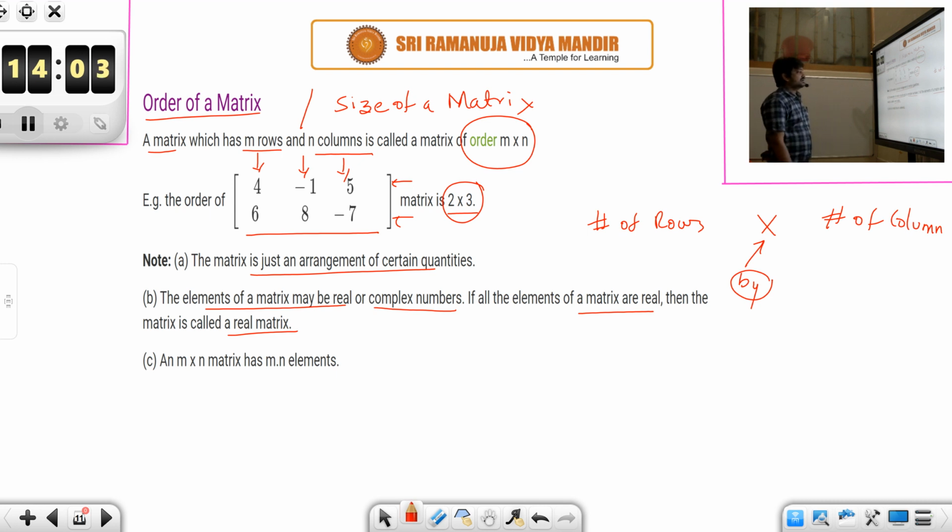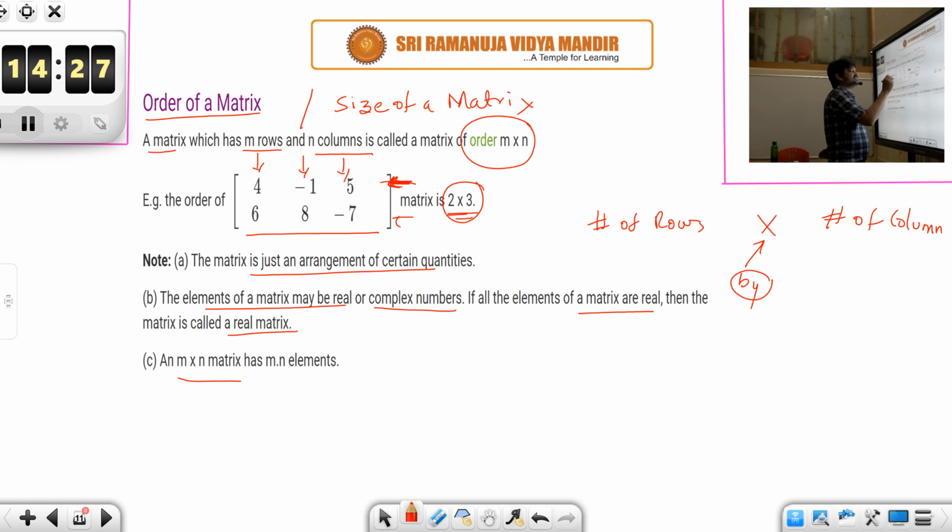And then what will be the total number of elements in a given matrix? Suppose the size of the matrix is m by n, how many elements will be there in total? First of all, consider the same example. This is a 2 by 3 matrix, so there are 2 rows. Look at row 1.